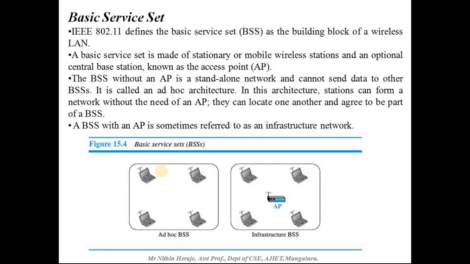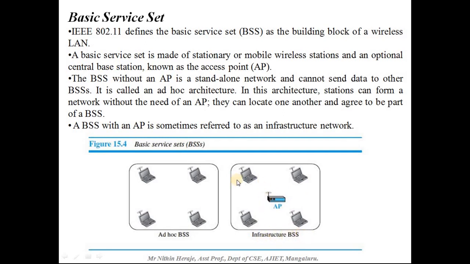In the basic service set, let's look at these figures. This one has an access point, and all these nodes are connected through the access point. Whatever data it has to send, it will be sent through the access point itself. This type is called infrastructure BSS.